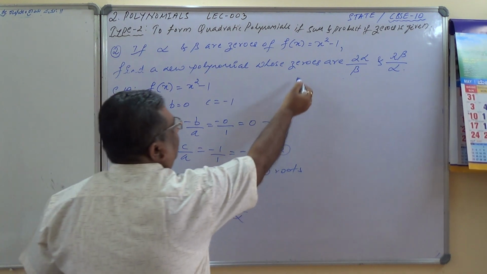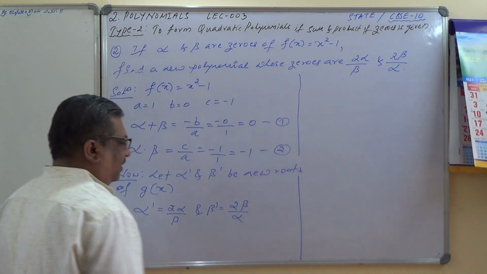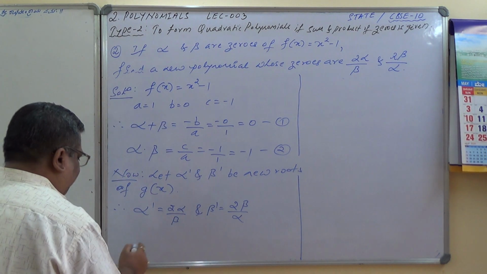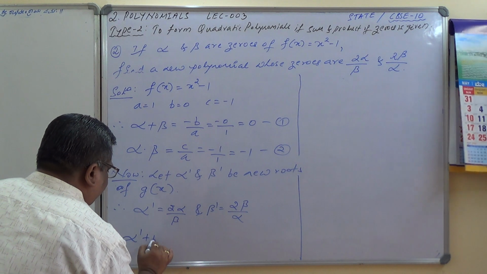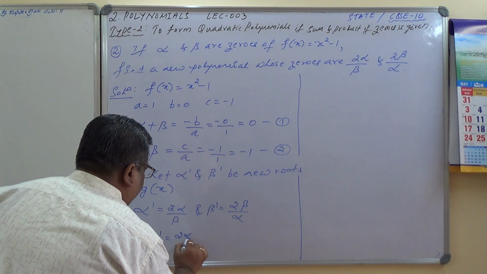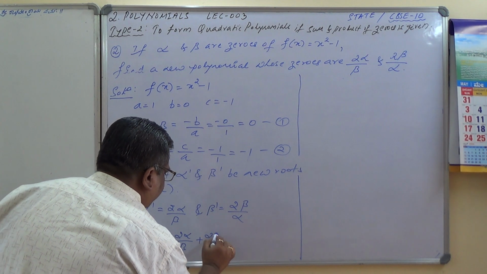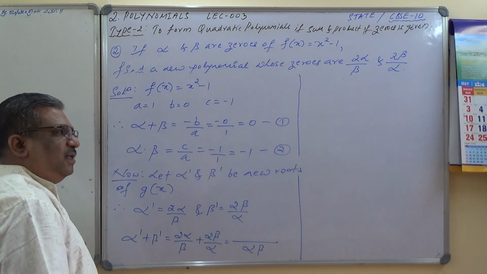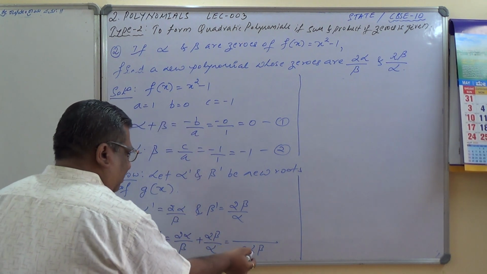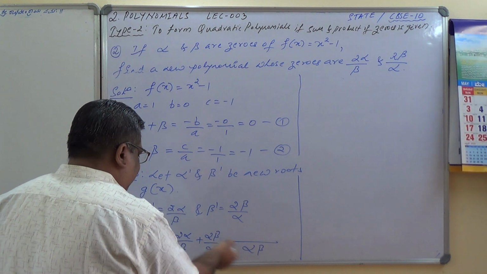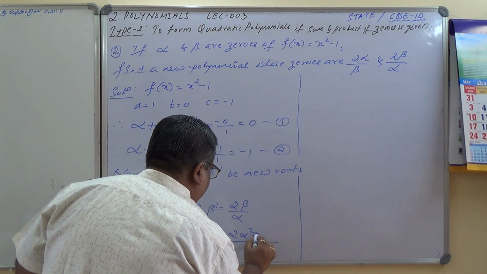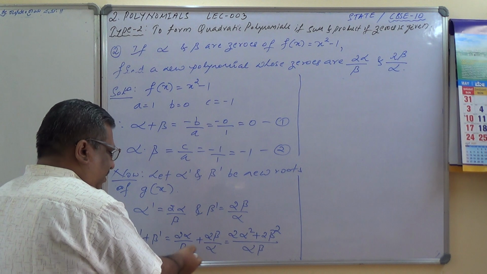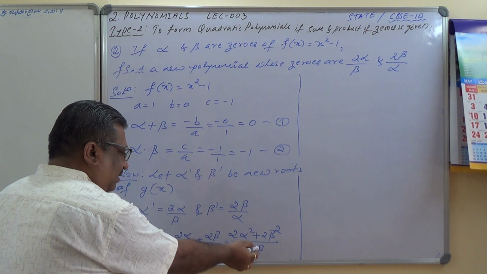Okay, now I'll work out the sum of zeros and product of zeros. If I work out the sum of zeros and product of zeros, my job is done. So here, one more step I can do. Alpha dash plus beta dash equals 2 alpha by beta plus 2 beta by alpha, which equals, with alpha into beta as the LCM, beta cancels, alpha cancels: 2 alpha square plus 2 beta square.